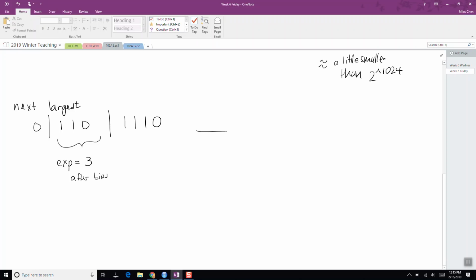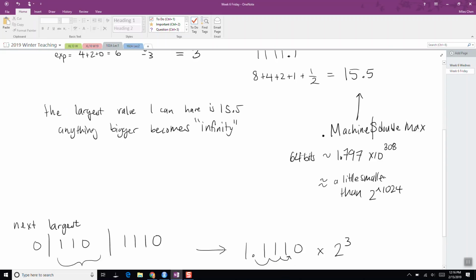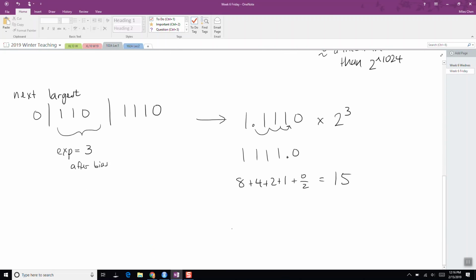And so this becomes 1 point, and we just copy the mantissa over after the binary point times 2 to the 3. If I roll the point over 3 spots, 1, 1, 1, 1.0, that's 8 plus 4 plus 2 plus 1 plus 0 halves, and this gives me 15. So the largest value I can represent is 15.5. The next largest would be 15, and so on and so forth.